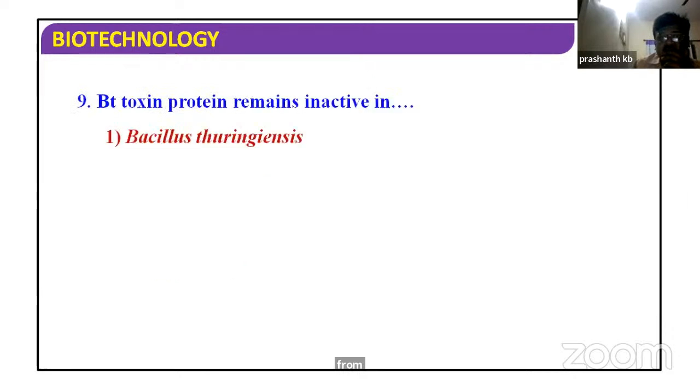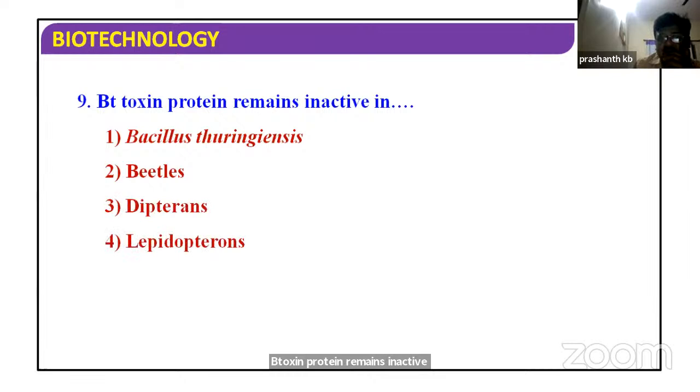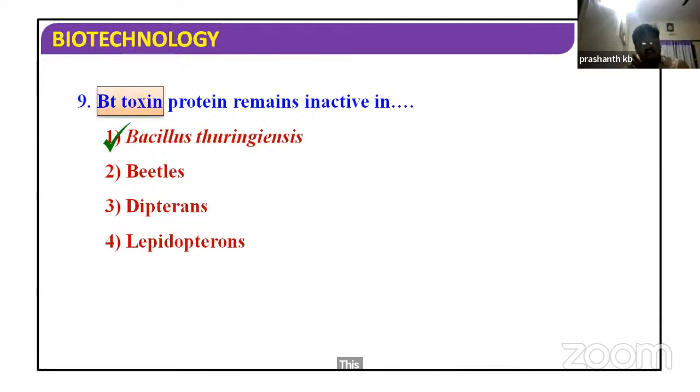BT toxin protein remains inactive in Diptera. Sorry, in Diptera it will be active. Beetle also it will be active. Lepidoptera also it will be active. So inactive means in Bacillus thuringiensis, because that is the organism which is having these crystals.